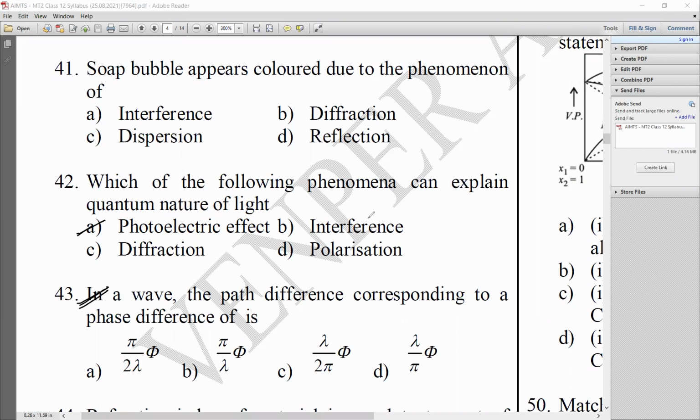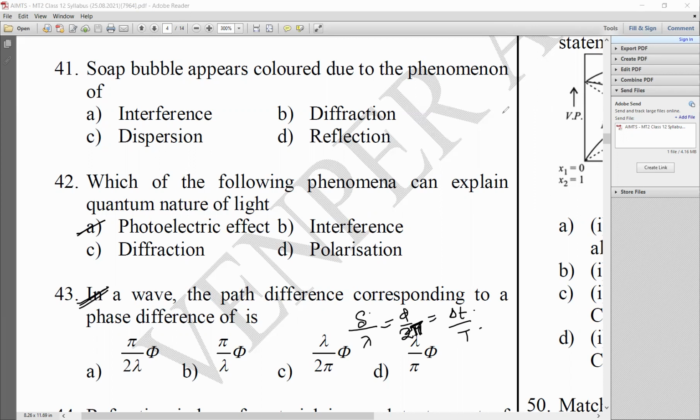In a wave, the path difference corresponding to phase difference. So, what is the formula? Path difference by lambda is equal to phase difference by 2 pi, equal to time difference by time.